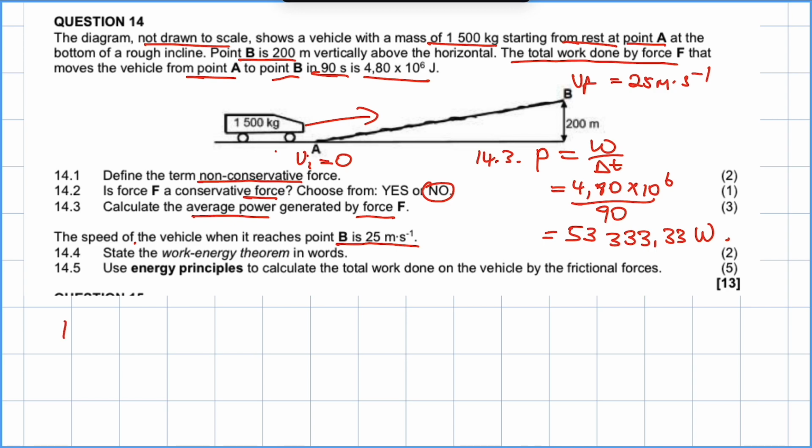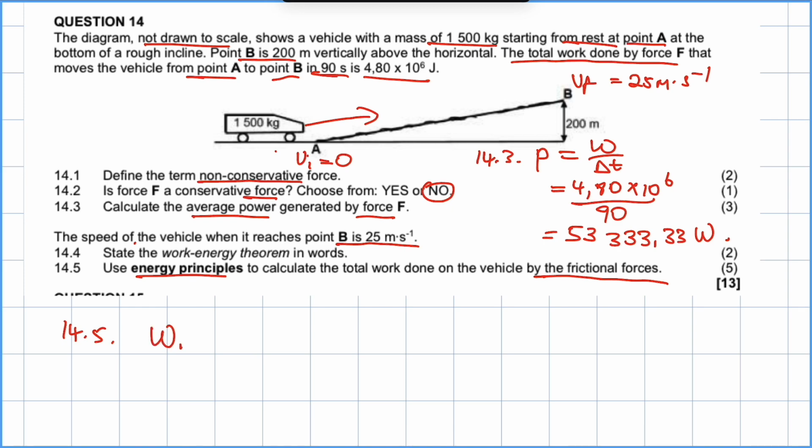And then 14.5, use energy principles to calculate the total work done on the vehicle by the frictional forces. We can use the work energy theorem. We can use work done by non-conservative force, and I think that will be quicker.